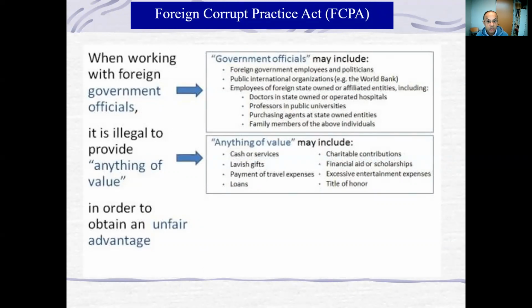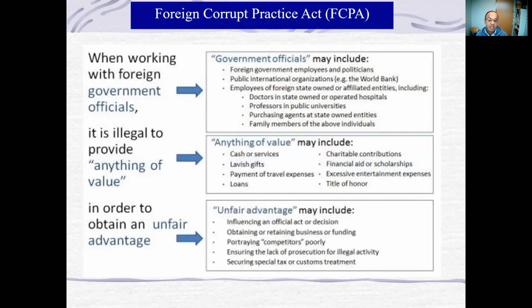It's either cash or lavish gifts or payment of travel expenses, loans, charitable contributions, and so on. So based on the Foreign Corrupt Practices Act, governmental employees are not allowed to take anything of value to give any unfair advantage by giving a contract or a bidding or a competition or secret information about anything. The employees are not allowed to do that.